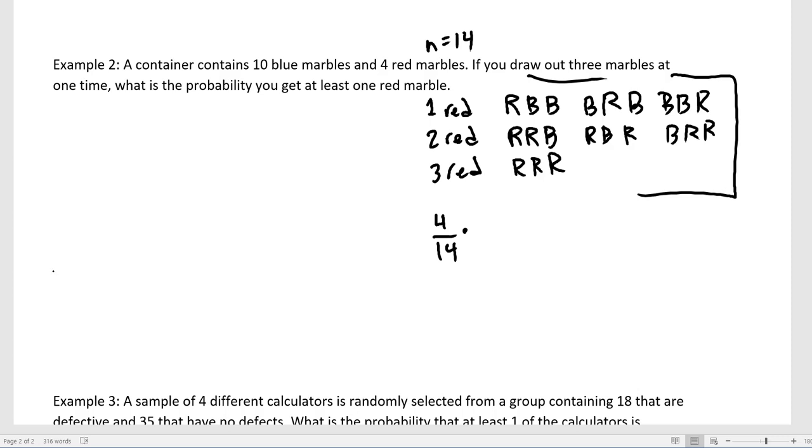Well, there are 10 blue marbles out of, well, now there's 13 left, times, what's the probability that the next one would be blue? 9 out of, now there's 12. This would be the probability of either of these three things occurring. But to get the total probability, because that could occur three different ways, we'd have to multiply this by 3.